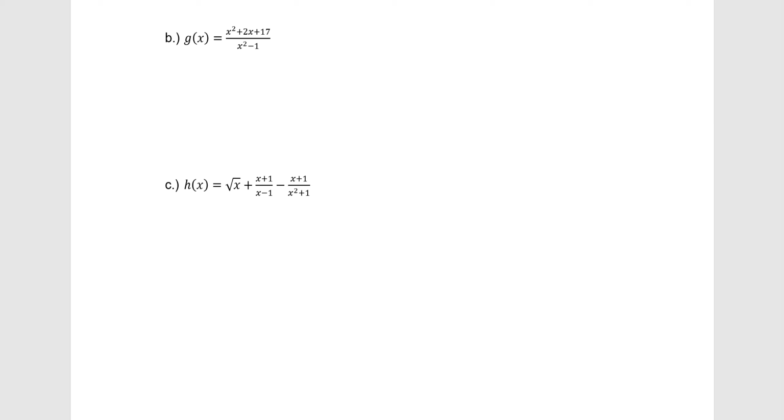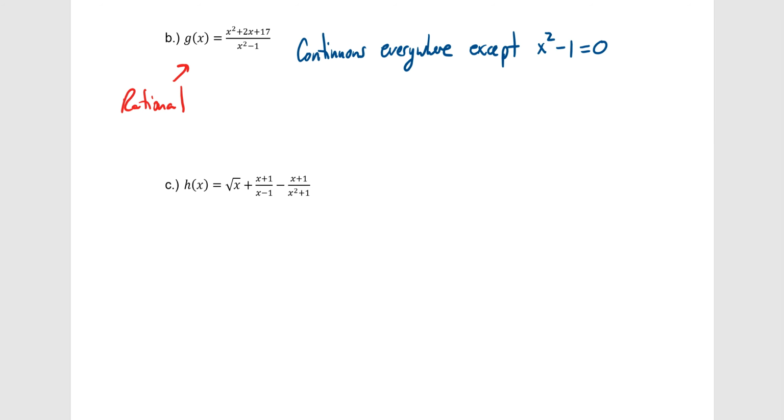Next one, we have this rational function g of x, which is x squared plus 2x plus 17 over x squared minus 1. So this is going to be continuous everywhere except when the denominator equals 0. So when we solve x squared minus 1 equals 0, that's going to give us x equals negative 1 and x equals positive 1, so plus or minus 1.